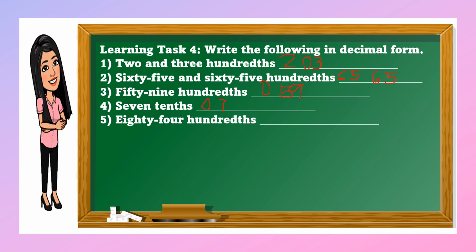Pero dito pwedeng may 0, pwedeng wala. 84 hundredths, so 0 decimal point 84 hundredths. So that's it. You can check your work. You can check your paper.